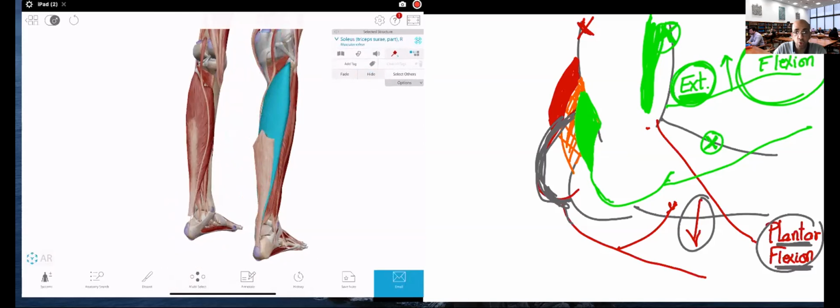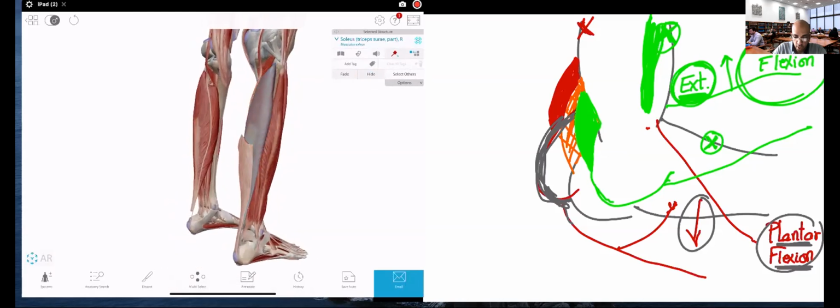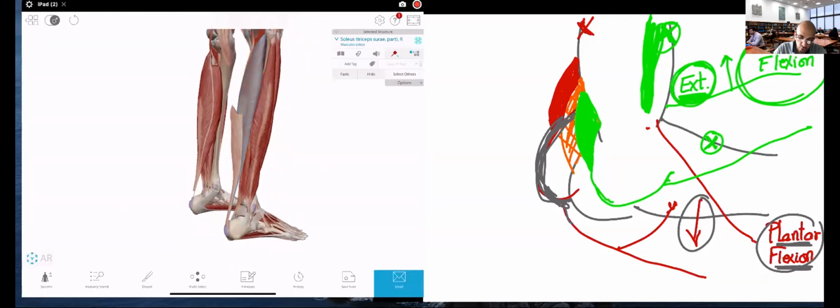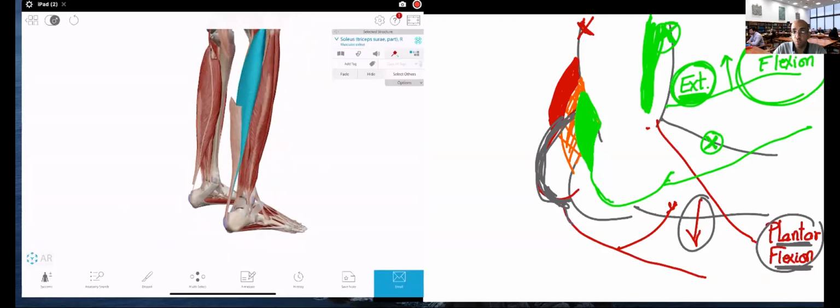This is called the soleus muscle, soleus. If you notice on here, the soleus doesn't get its origin from the femur like the gastrocnemius, so it's not going to be passing behind the knee joint. It's only going to be exerting its force to allow the plantar flexion of the foot.